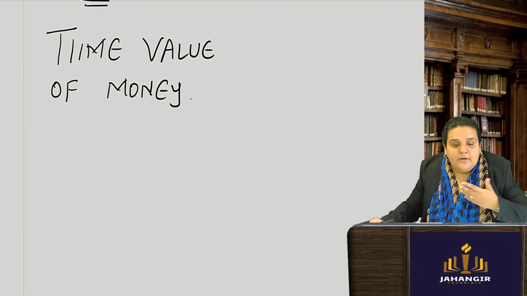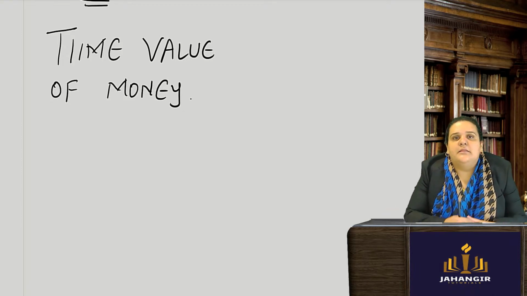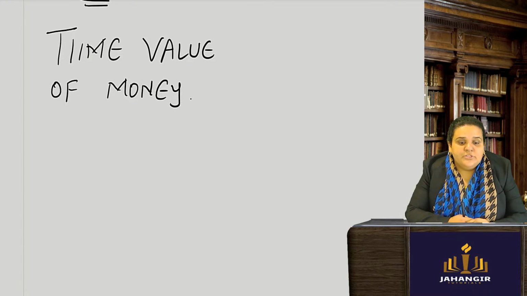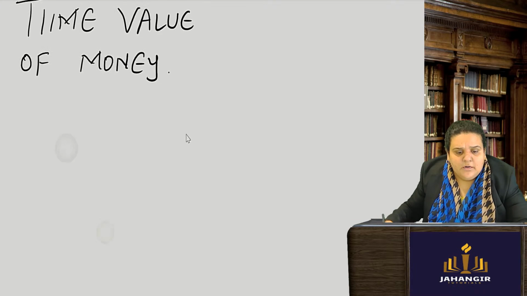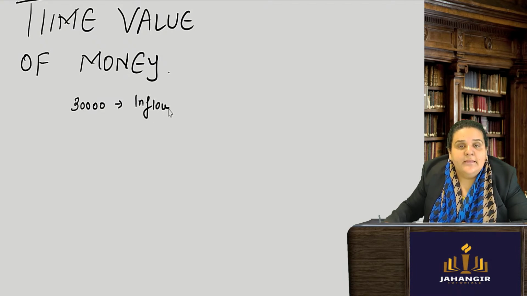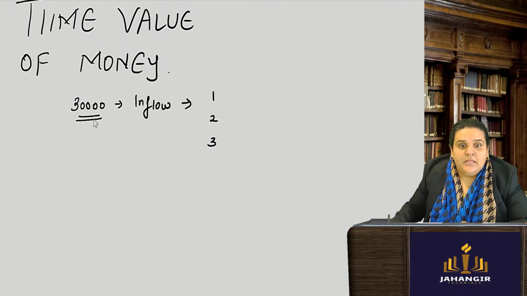Today I am investing, but my inflows are going to start in the future. If I am telling you that 30,000 rupees is my inflow which will happen in the next 3 years, 1, 2 and 3 years, what is the present value?